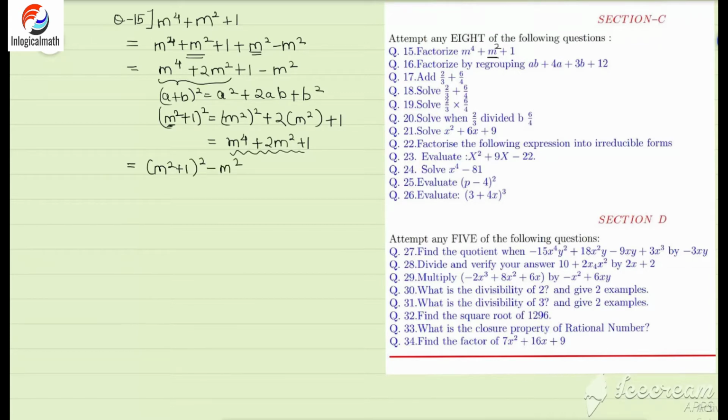Now we apply the formula we already studied: a square minus b square equals (a minus b)(a plus b).